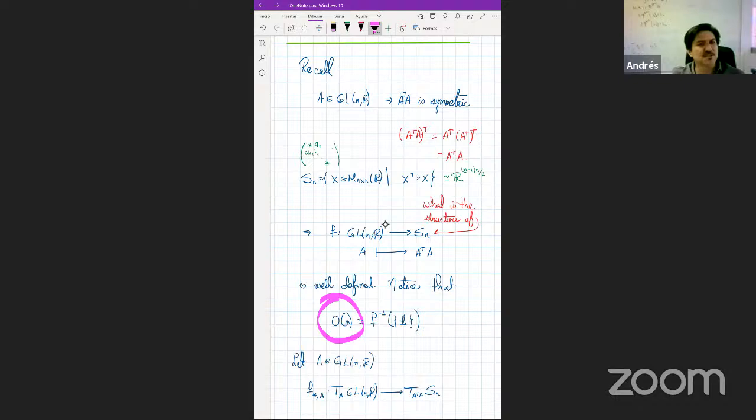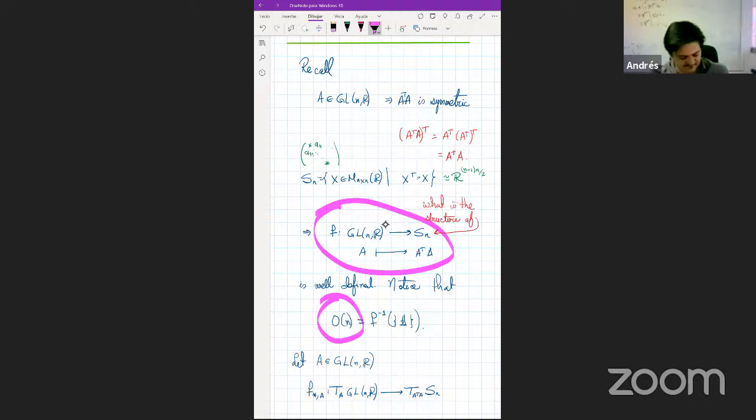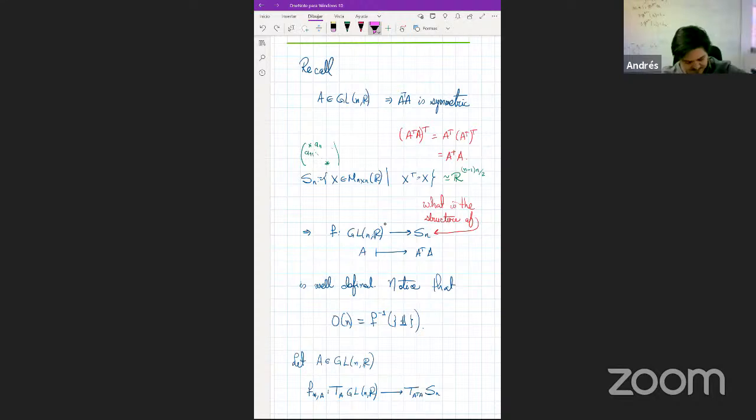Remember the way that we saw that it is a regular submanifold, we used the constant rank theorem. This map has constant rank, and we managed to prove that it's On. And now we will argue the same to obtain the dimension, okay?